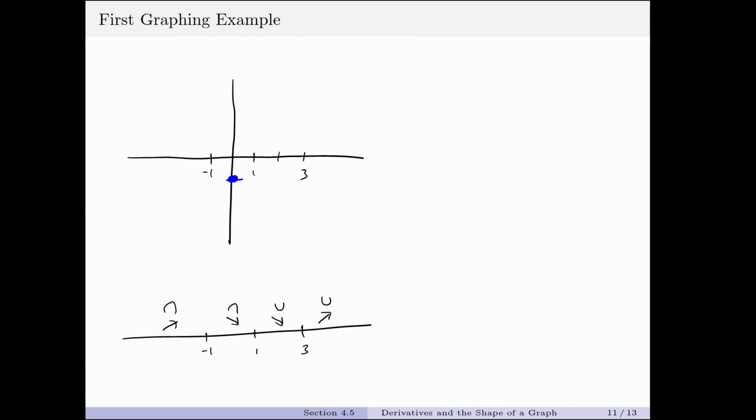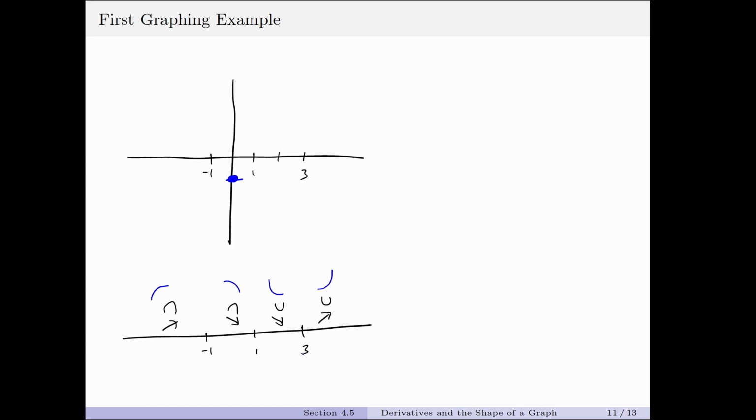So here I start with concave down, and I want the increasing side, so this shape. Here I have concave down, and I want the decreasing side, so this shape. Then I have concave up, and I want the decreasing side, so this shape. Then I have concave up, and I want the increasing side, so this shape.